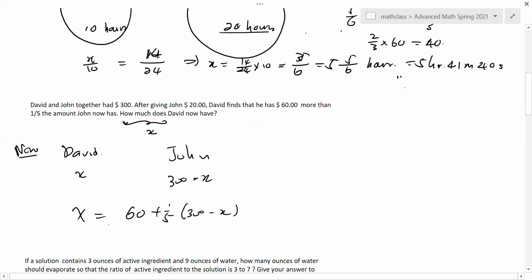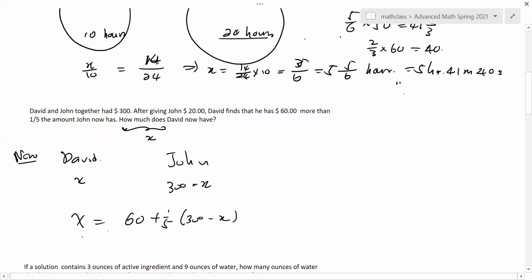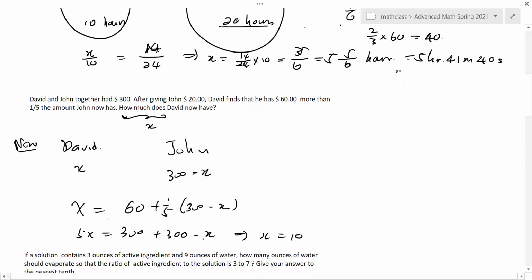And then you solve this equation. You get 5x equals 300 plus 300 minus x, so 6x equals 600. Then x is going to be 100.